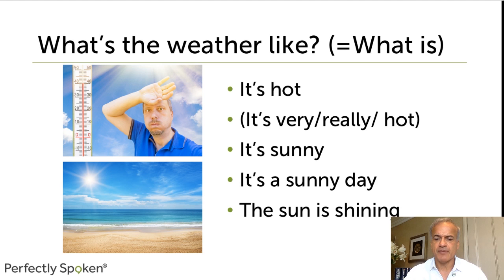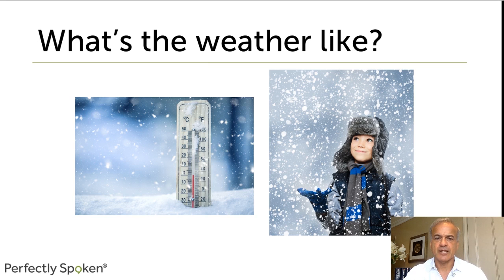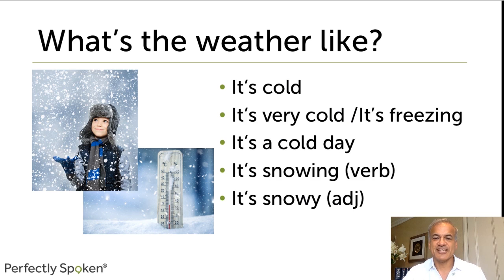Okay, let's have a bit more vocabulary. Okay, here in the photos, what's the weather like? Do you know? Well, the adjective, cold, I think, and the verb, snow. So, what's the weather like?